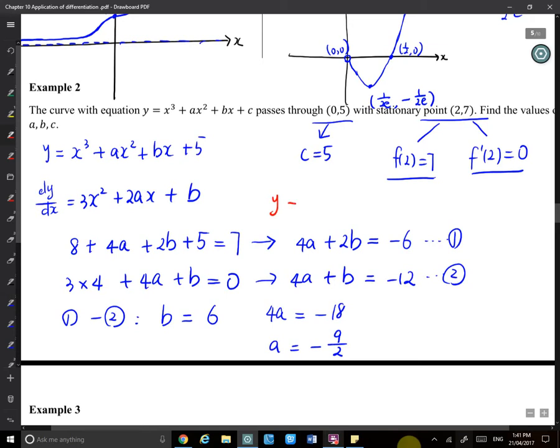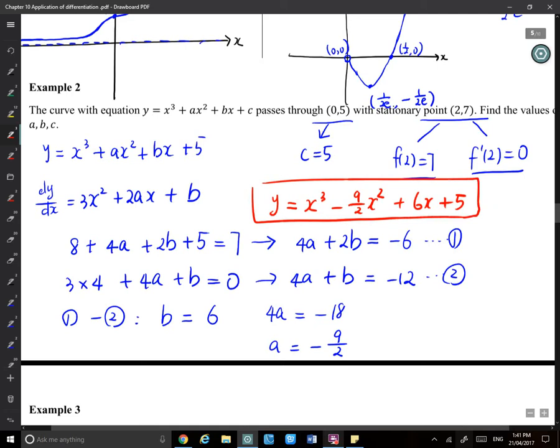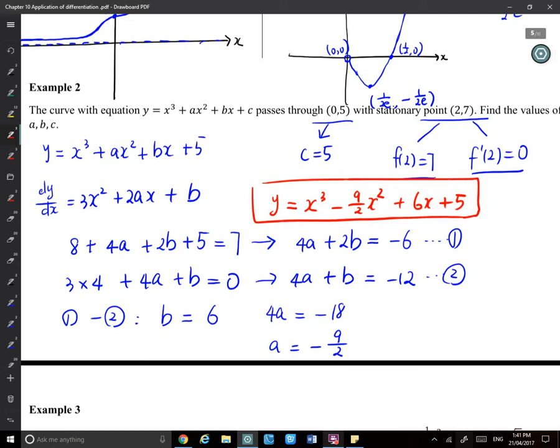Therefore y equals x cubed minus 9 over 2 x squared plus 6x plus 5. Anything wrong? No?